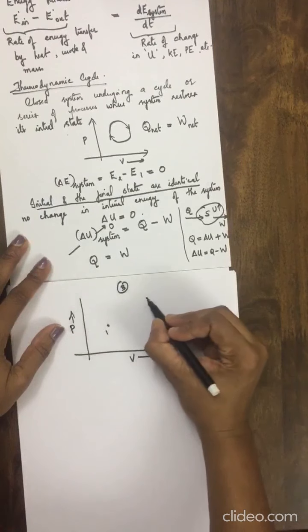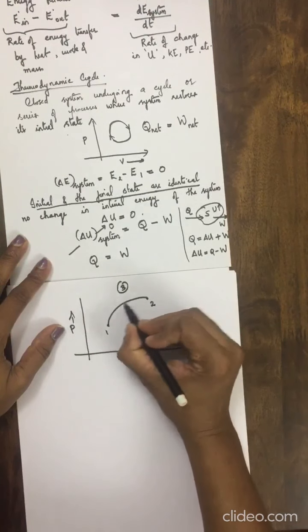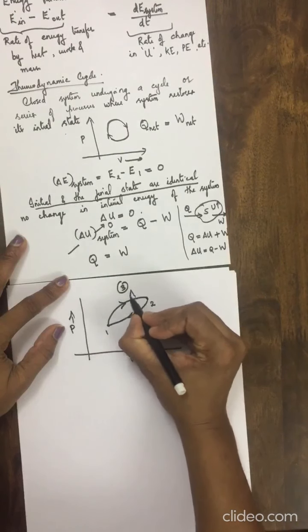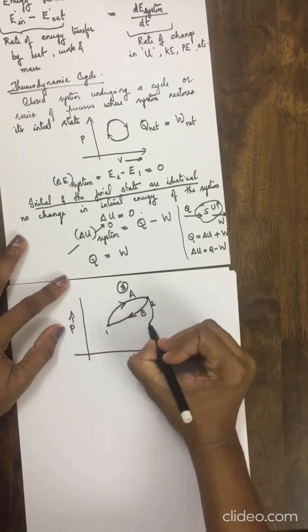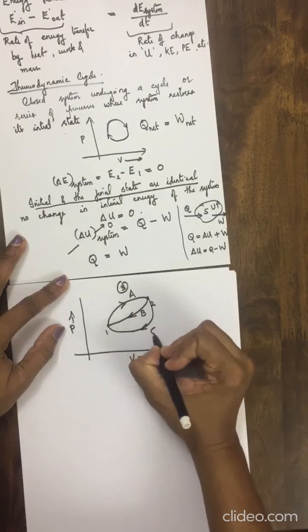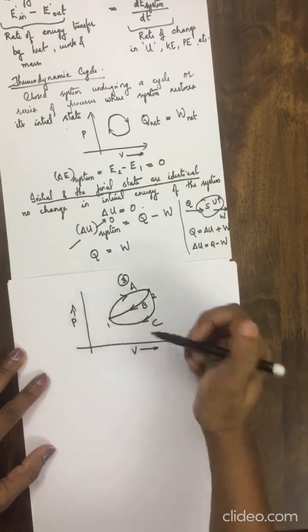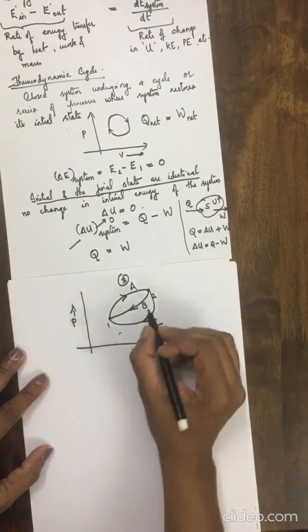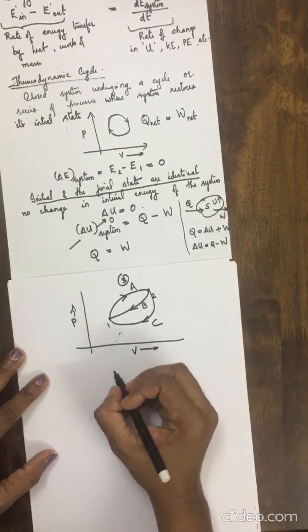The system is undergoing a change of state from state 1 to state 2 and it restores back to state 1 through a process path B, or it takes up another path C. Since it takes up a cycle, it is found that there is no change in internal energy of the system.